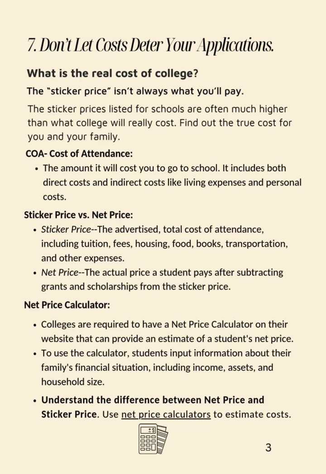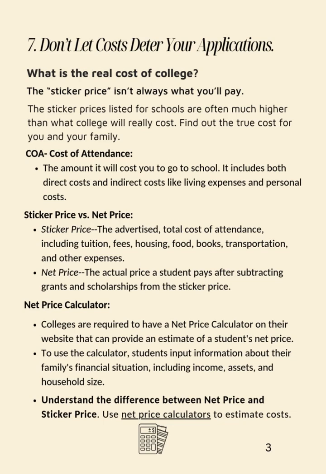And the net price is the price a student actually pays. So it would include grants, scholarships that you receive, sometimes loans, and you subtract that from the sticker price and you actually get the real price.